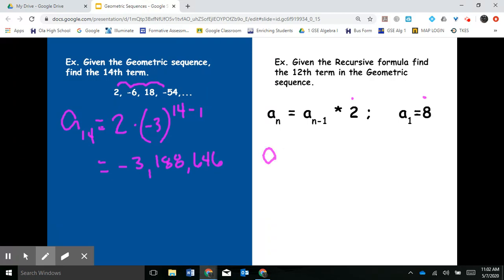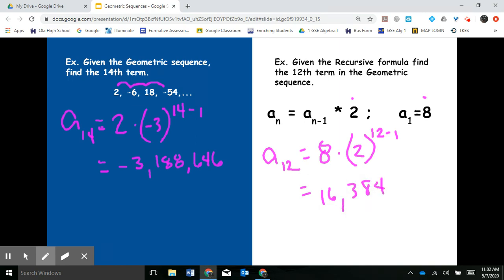A_12 for the 12th term is A_1, which is 8, times the common ratio 2 to the 12 minus 1 power. Again, I'm just using the explicit formula. I plug it into my calculator, 8 times 2 to the 11th power, and the 12th term in this sequence would be 16,384.